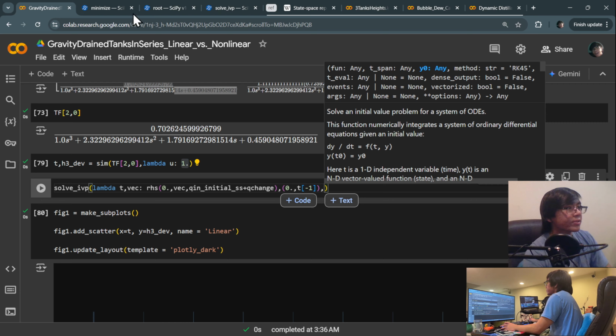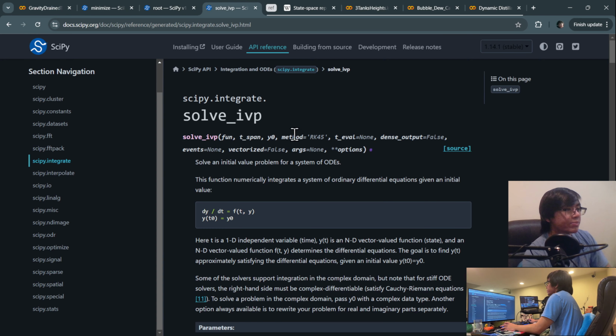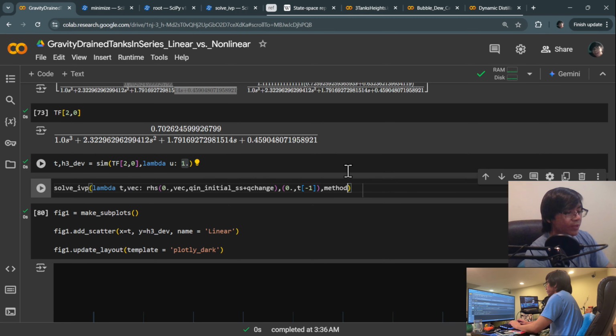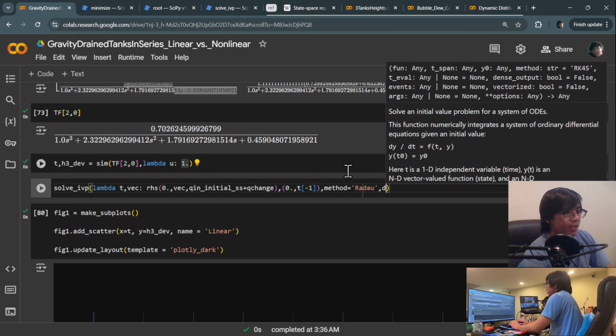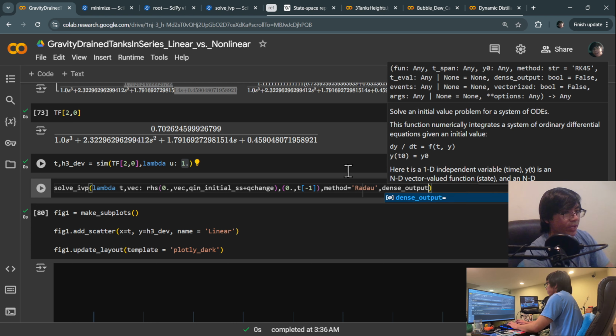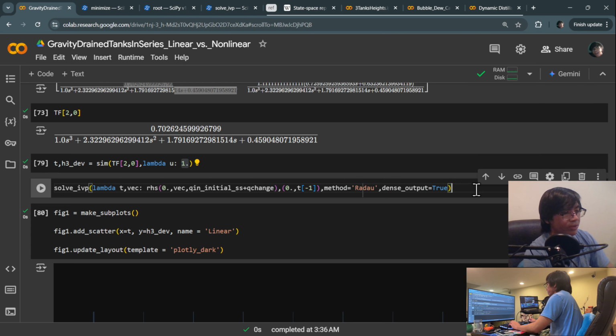What else? Method Radau, the most robust method we've been using, and dense output true, so we can evaluate this at any time. We'll evaluate it at all the times.